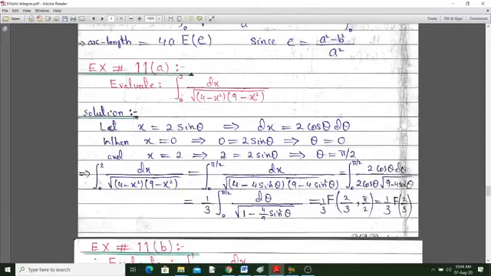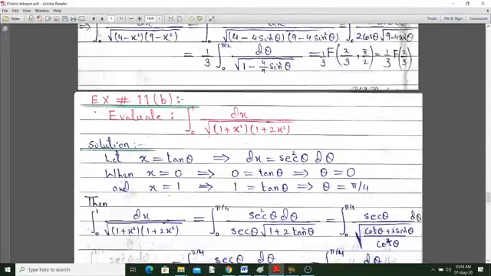So 2 is equal to 3 sin theta, and in this case sin theta is equal to 2 by 3, and you may not get a standard angle or good angle. But when you use x is equal to 2 sin theta, you get 2 and 2 cancelled and theta is equal to pi by 2. Similarly here, because the upper limit is 1 and from the first factor we get 1, that's why x equal to tan theta is the natural or good transformation for this question.